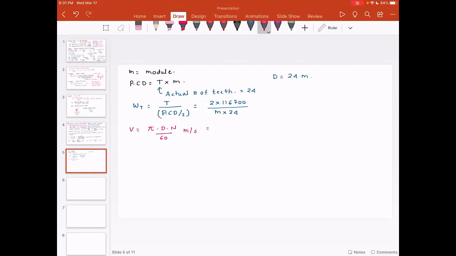If I want the peripheral velocity in meters per minute, I would just use pi times d times n meters per minute, where d is 24 times m and n is 1800, and that will give me the answer 135 m meters per minute.